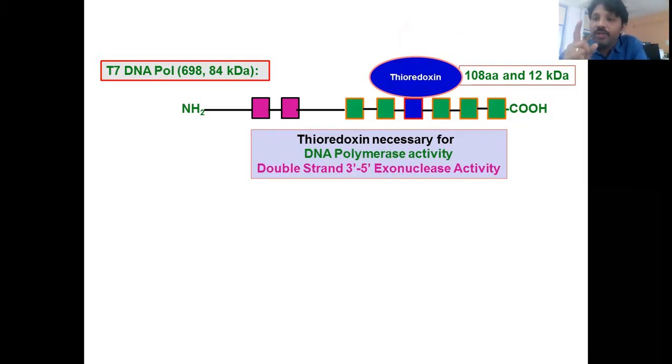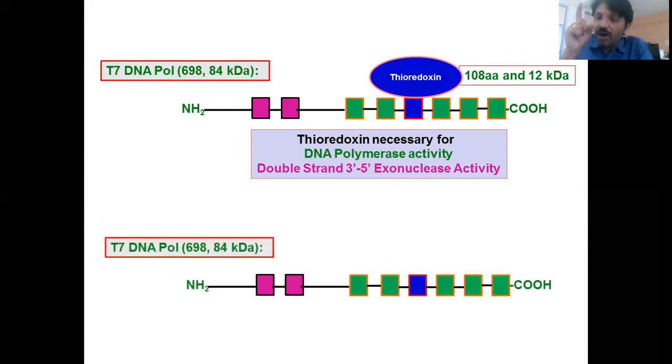So when T7 DNA polymerase and thioredoxin form a two subunit complex, that complex has T7 DNA polymerase activity and 3' to 5' exonuclease activity, that is double strand 3' to 5' exonuclease activity.